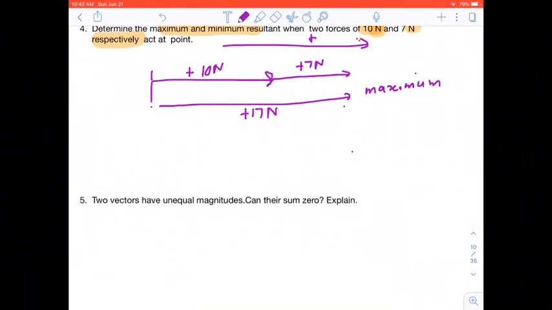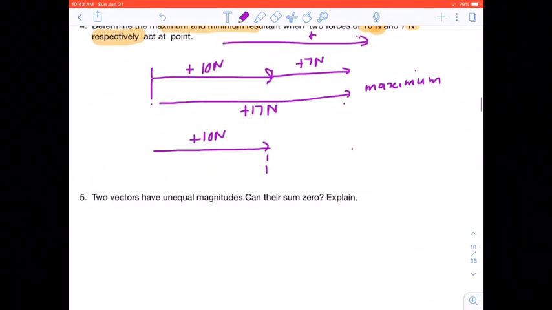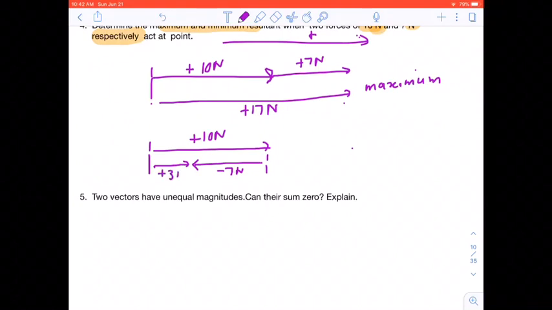If we look at one force acting in that direction, it's 10, and the other moving in the reverse direction, let's say minus 7 newtons, then the resultant would be there, which is plus 3 newtons.